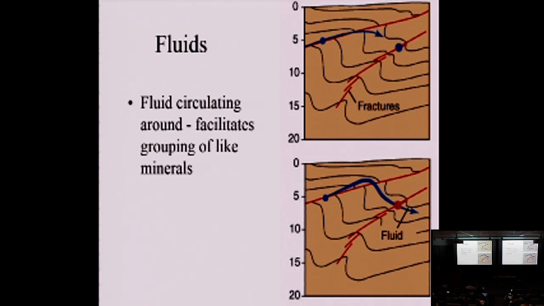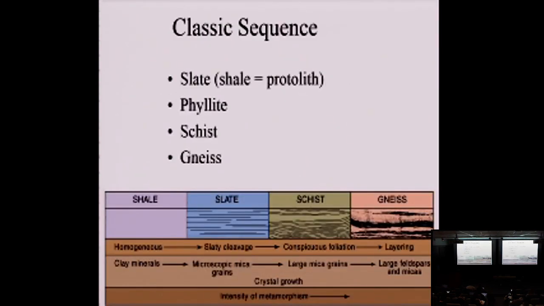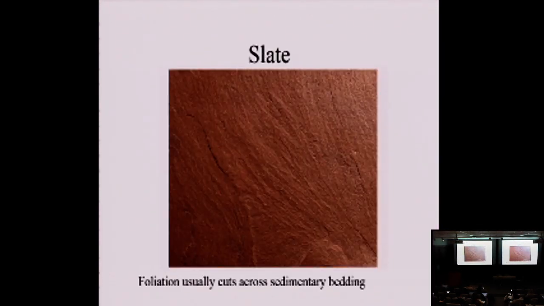And the classic sequence that we like to look at, also a very simple set of rocks. The classic sequence is here. You have these slides. And what's happening is as you heat or squeeze these rocks more and more, you're turning them from clay to mica to feldspars and to amphibole.